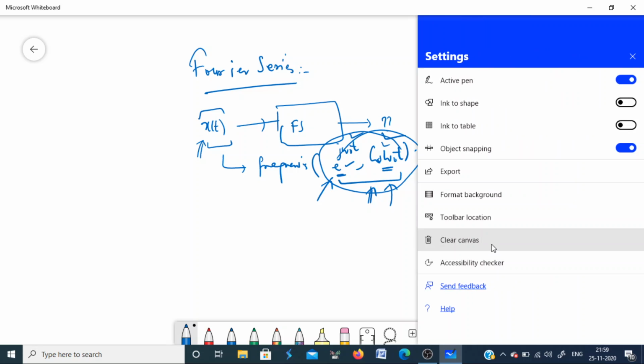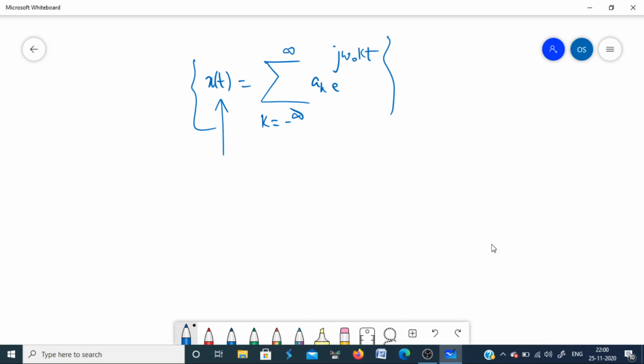So we have seen that any signal x(t), we can write in the form of a series, which we call the Fourier series. So any signal x(t) which is periodic with a time period of 2 pi by omega naught can be decomposed in the form of a series like this, which is called the Fourier series.